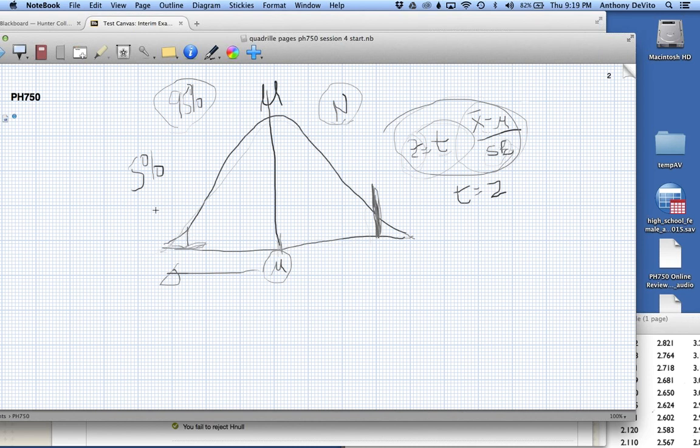That means you have to be so far apart that there's only 5% of the area of this distribution left.